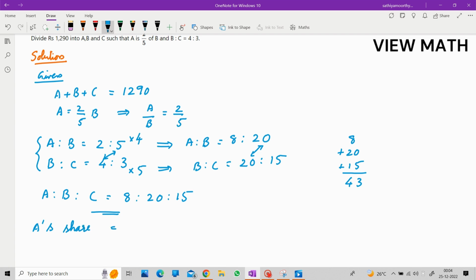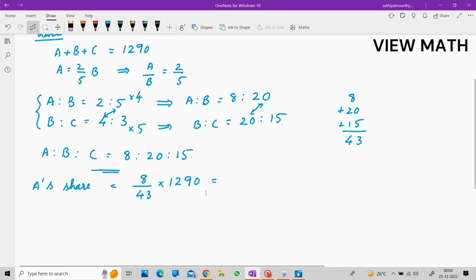Out of the total 43, 8 is A's share of 1290. If you simplify this, multiply 8 into 1290 and divide by 43, you will be getting rupees 240.